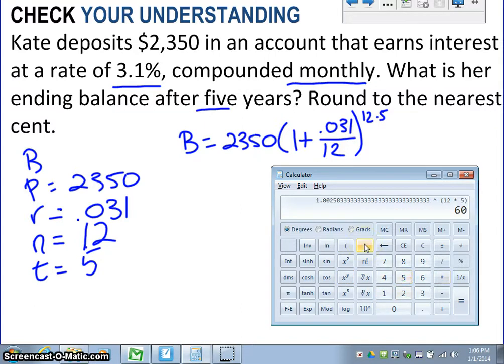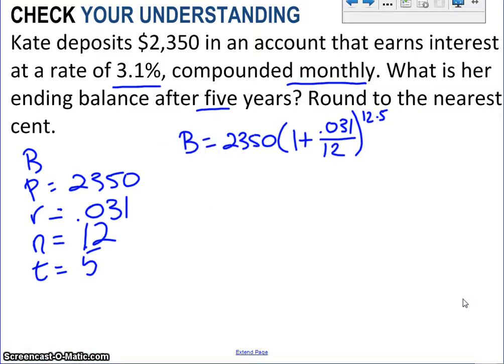Now some of you are able to do that in your head and you know that 12 times 5 is 60. That's fine, and you can go ahead and just put 60. But if you can't, make sure you use those parentheses so that it comes out correctly. Last, we're going to multiply it by our principal, and we end up with a total of $2,743.45. So hopefully that's what you got.